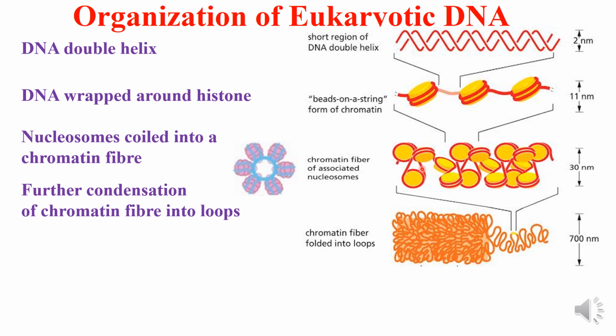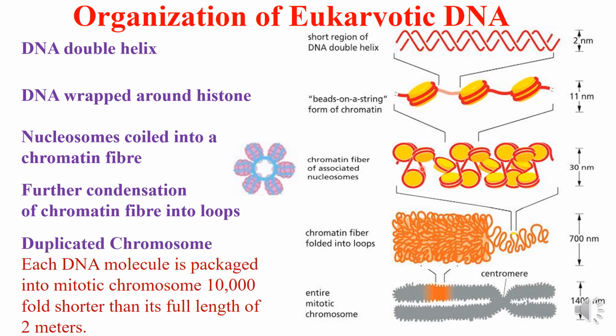Here the 700 nanometer structure further undergoes folding, and this appears as duplicated chromosome when the cell is dividing. Here you can see each DNA molecule is packaged into mitotic chromosome around 10,000 fold shorter than its full length of 2 meters.